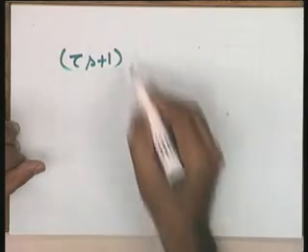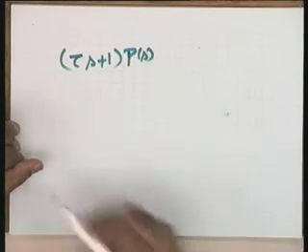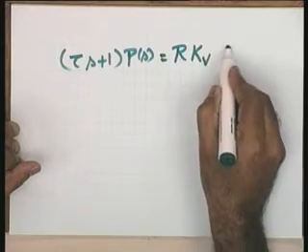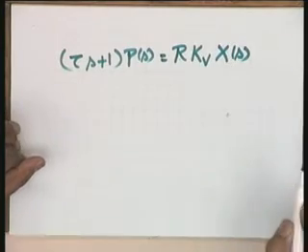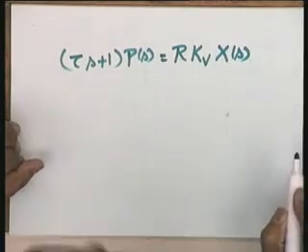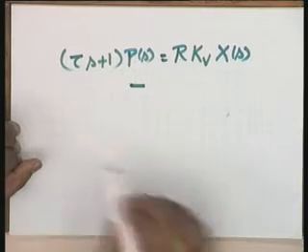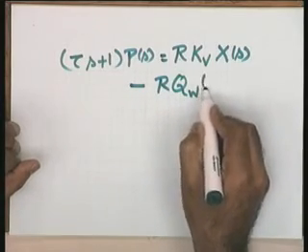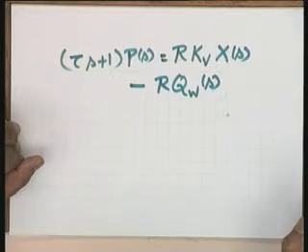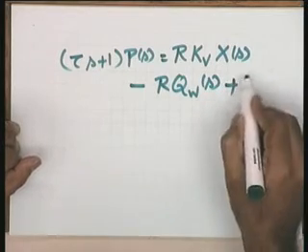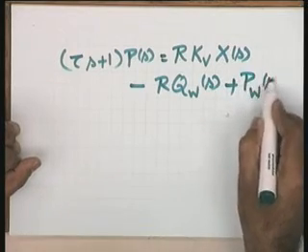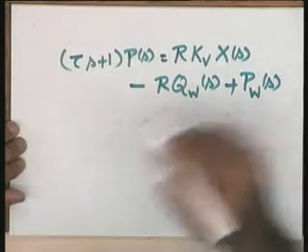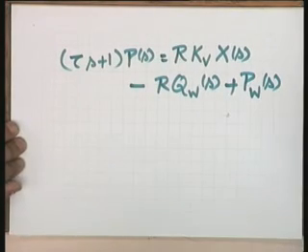Tau s plus 1 ps on this side is equal to rkv xs is your manipulated variable minus, yes, rqws, okay, this is also all right I hope, plus pws. Please check whether this is okay.